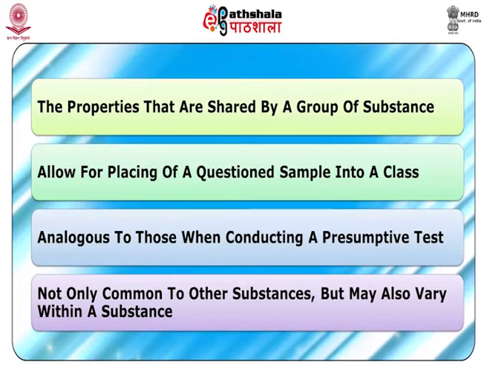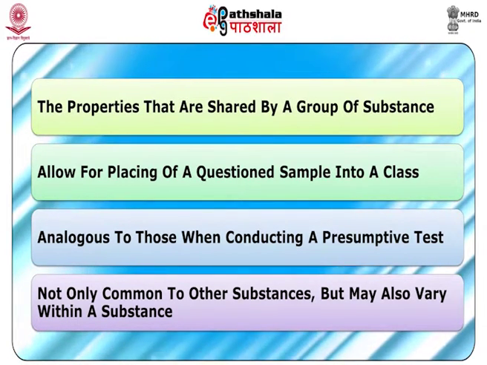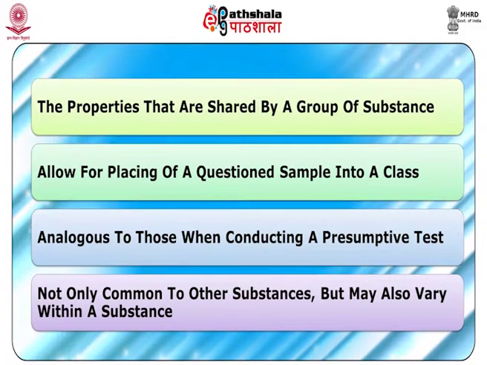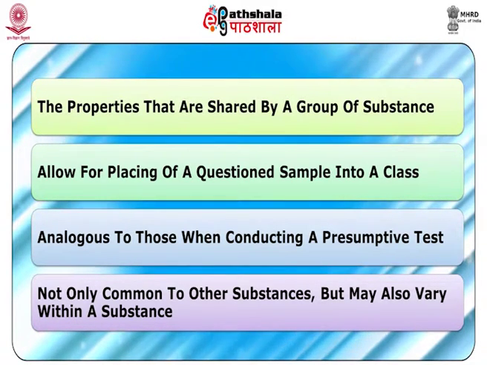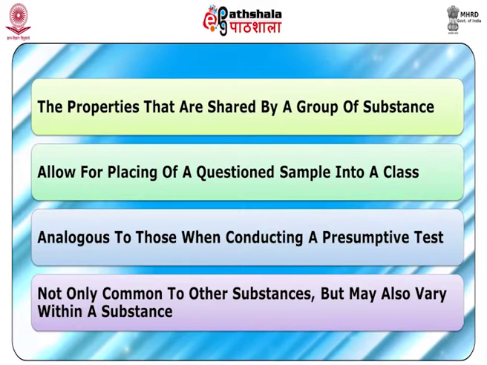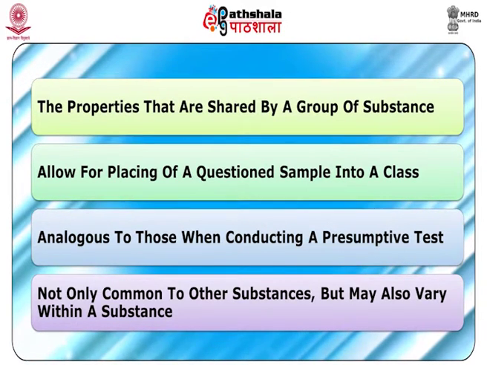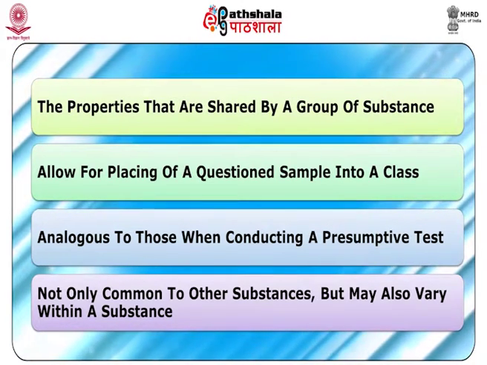Class characteristics are the properties of a substance that are shared by a group of substances but are not unique to all. They allow for the placing of a questioned sample into a class or group of several possible origins.